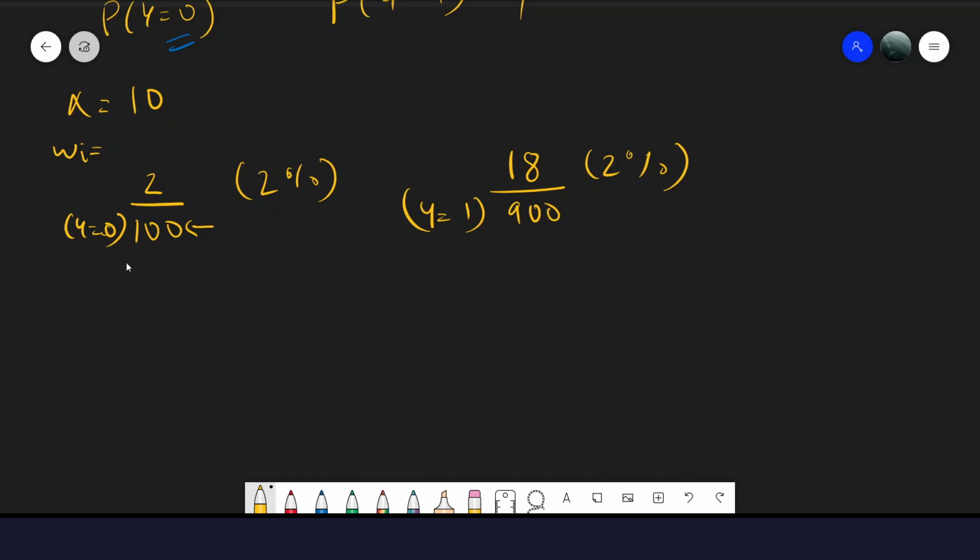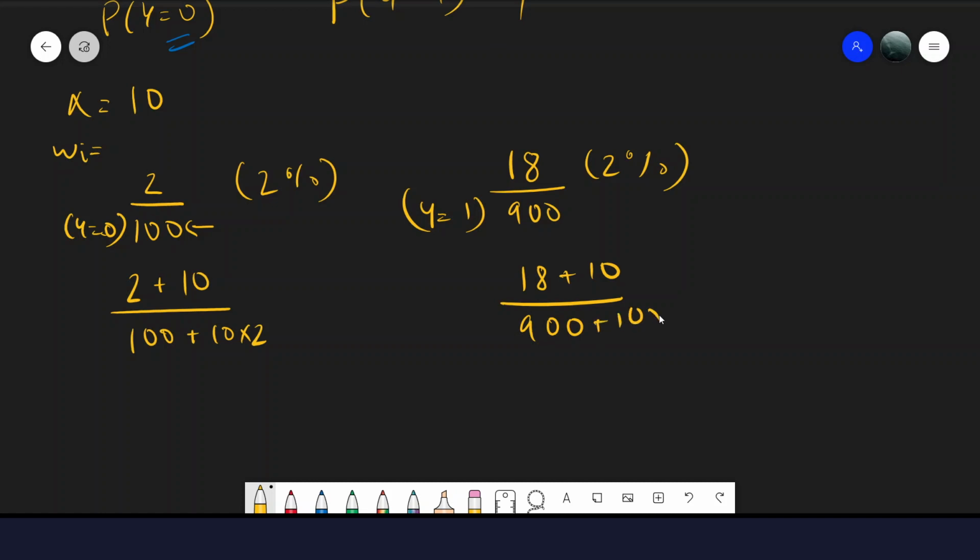So if I add my alpha over here, assuming k is equal to 2, I get (2 plus 10) upon (100 plus 10 into 2), okay? And I get (18 plus 10) upon (900 plus 10 into 2). Okay, so this is equal to 12 by 120, and this is equal to 28 by 920, right? So this is almost equal to 10%.